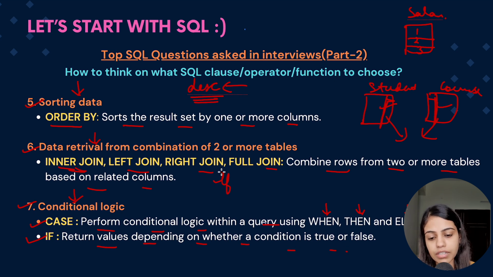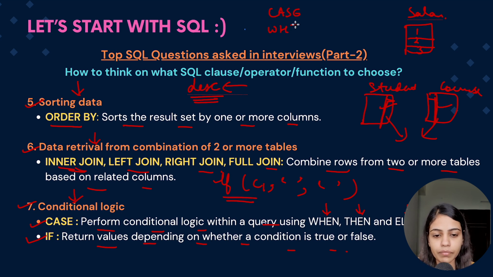If the condition is true, it will return the first value. If the condition is false, it will return the second value. So this is how we use the if. And case we often use with when and then: we give when and provide the condition, then we give the result, and then we end it when it's done. So this is the way we use case and this is the way we use if.